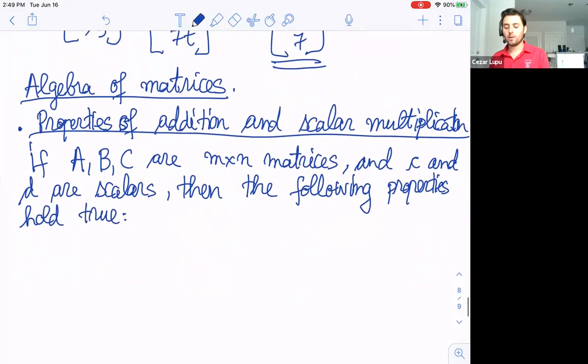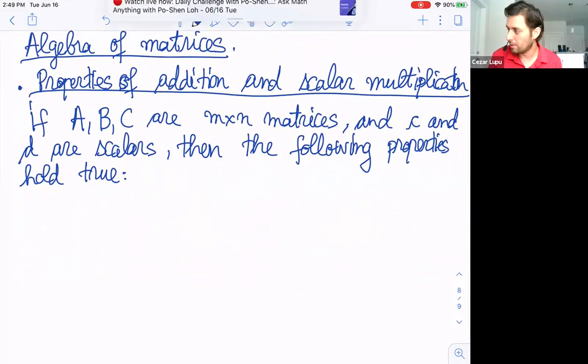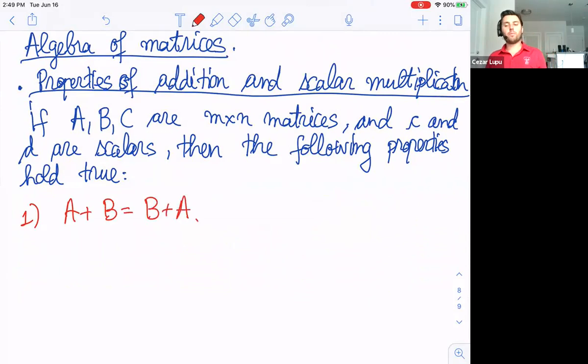Okay, so now, as you can expect, let me write this with red. First one, A plus B is nothing else than B plus A. So the point is that the addition of two matrices is what we call commutative.